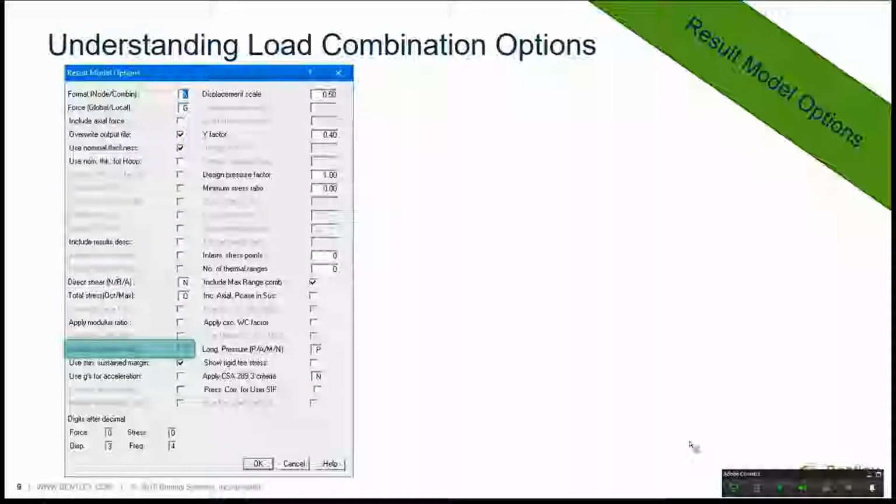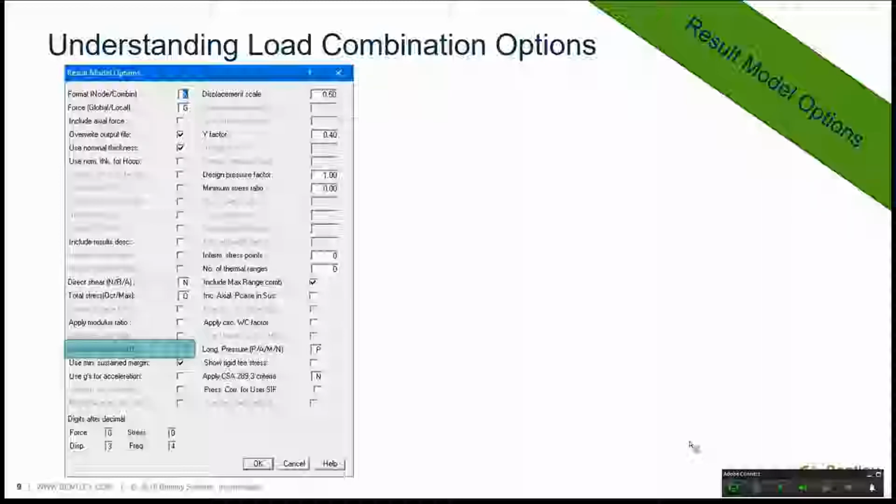If N is entered, the program will never add the sustained load margin to the expansion allowable stress. And if E is entered, the program will add the sustained load margin to the expansion allowable stress only when the calculated expansion stress exceeds the expansion allowable stress without the sustained load margin added. So you can only add Y, N, or E, and E is the default.